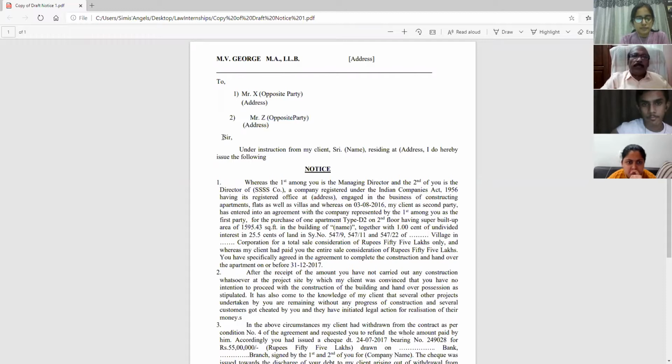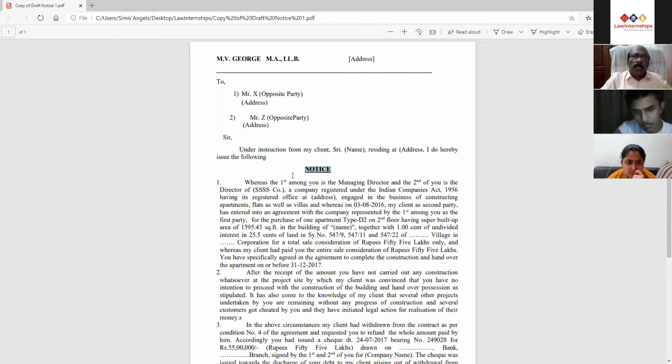Then the salutation. Then look at the next para: under instruction from my client, so and so. That is very important. When an advocate sends a notice, always write that you are acting under the instruction of your client and sending a notice. What is the subject? That it is a notice.